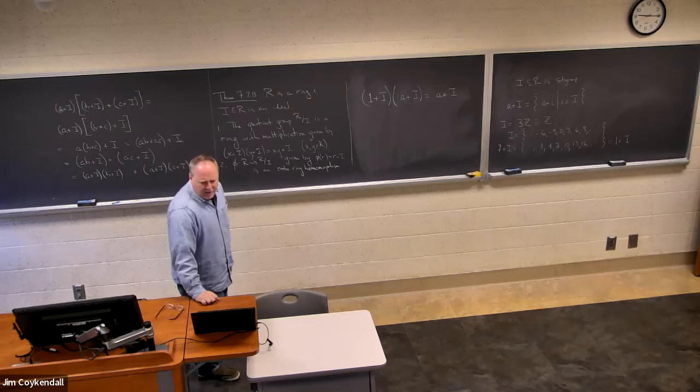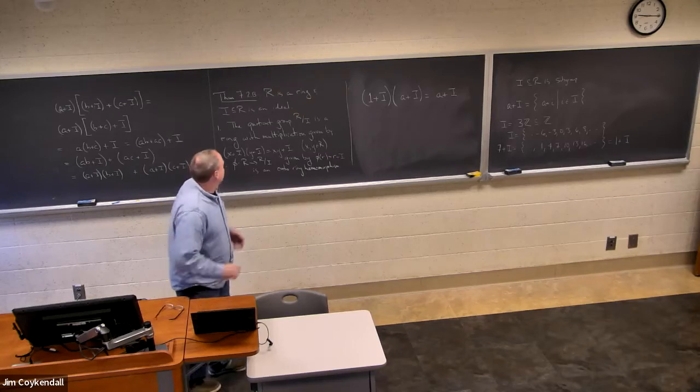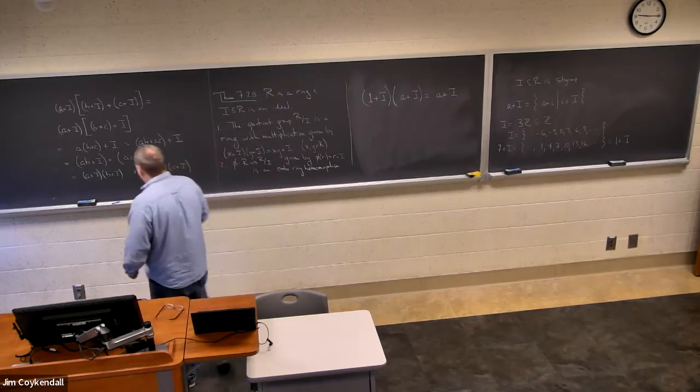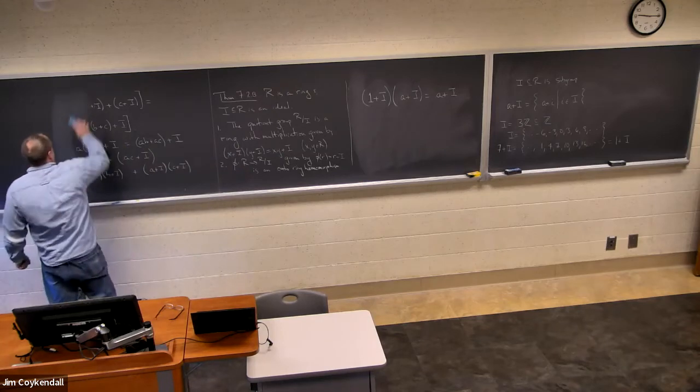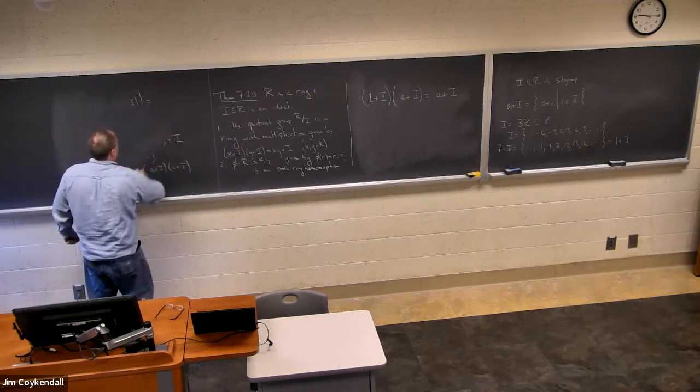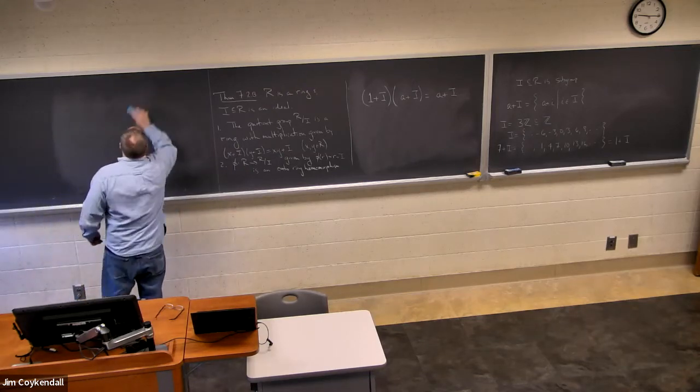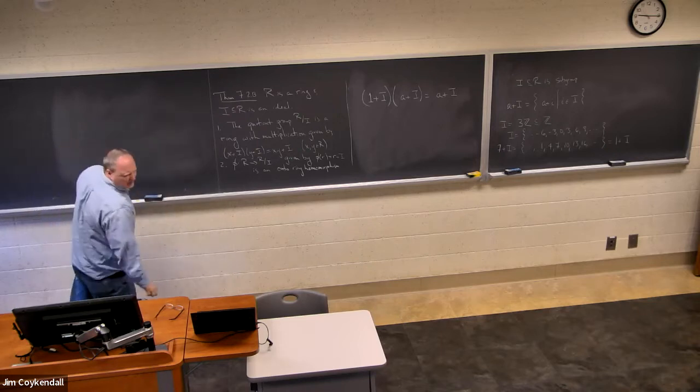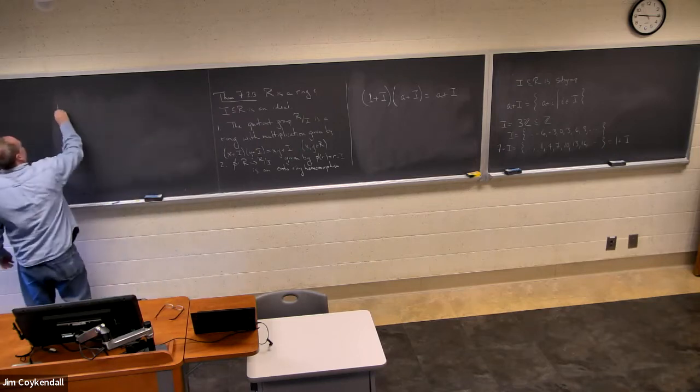Okay, I'm going to give you a quick definition that I'm going to need for the next theorem. I think it's not too hard to wrap your head around. Definition 17.14.